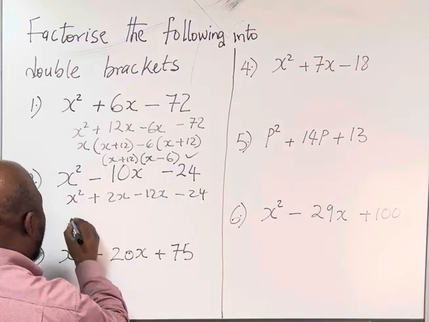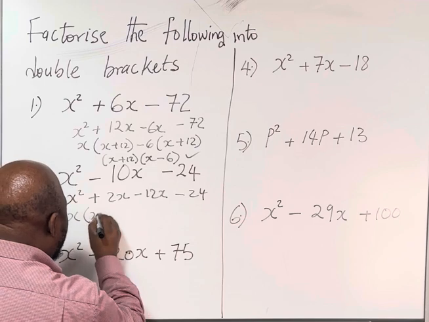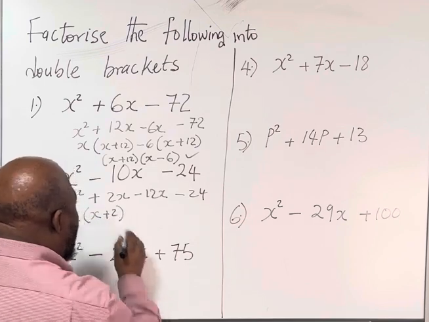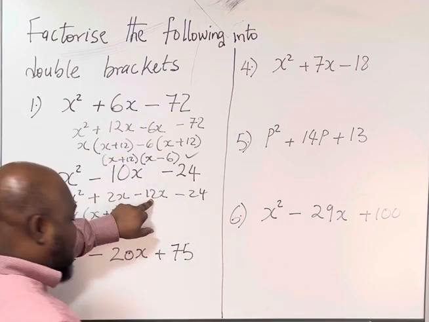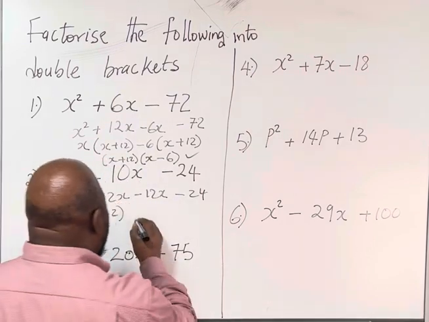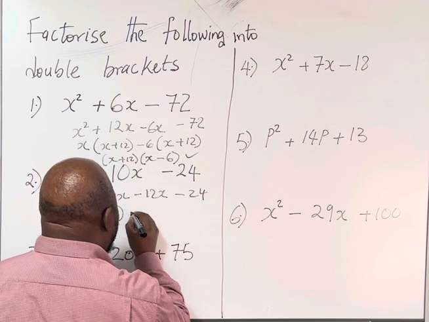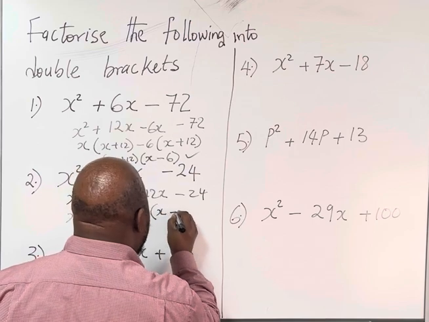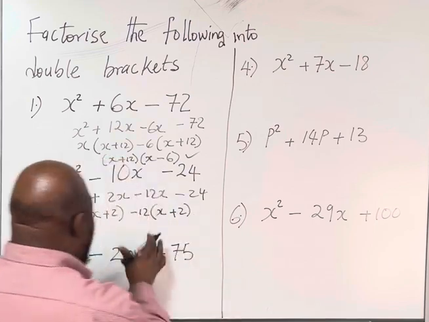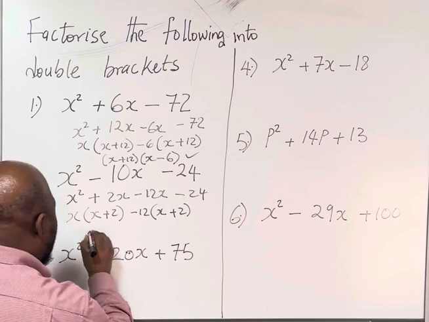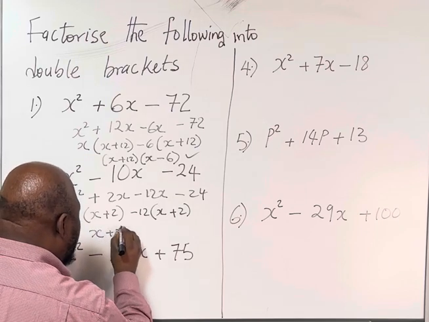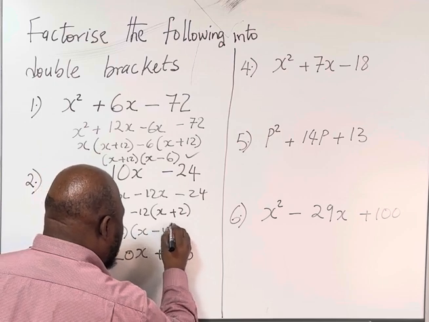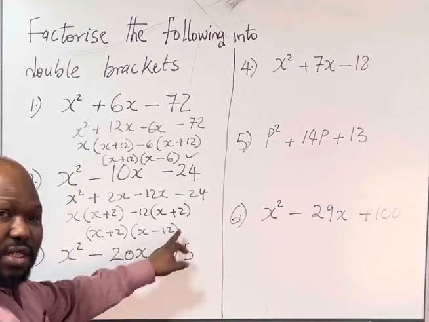So x squared plus 2x minus 12x minus 24. Factorizing x out, we have x plus 2, and factorizing out minus 12, we also have x plus 2. So our two values are (x plus 2)(x minus 12). That's the second one.